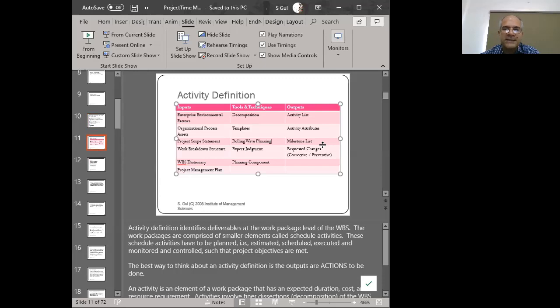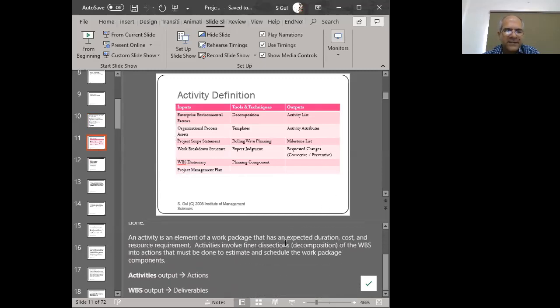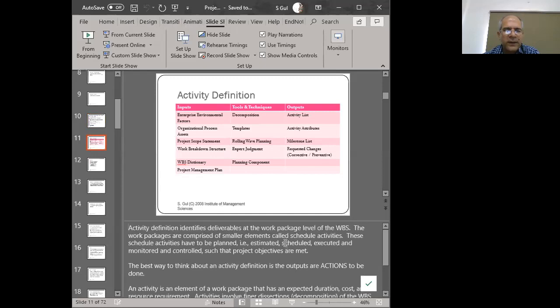Make sure you ask these experts when you're going through this activity definition process. And then the planning component, well, the planning component's idea is that we are going to think about where this planning is taking place, who is going to be doing this planning, and when these people are going to do the plans and so forth.